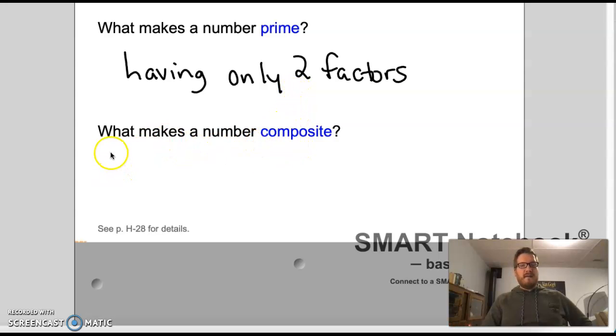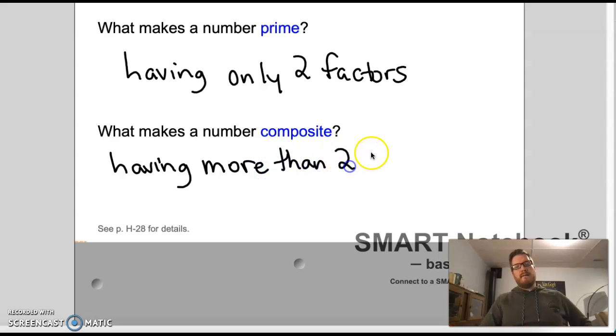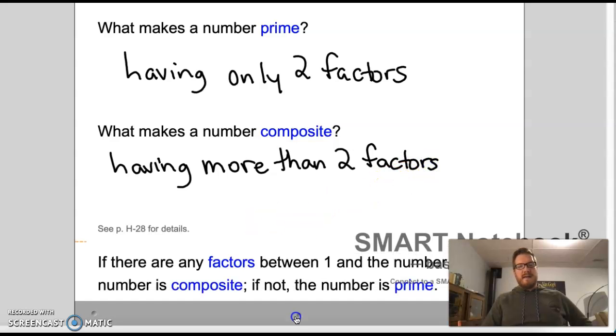Numbers that are composite have more than two factors. Those are really simple definitions. Now the number 1 is actually an interesting case, which I'll talk about in a second. It says that if there are any factors between 1 and the number, then the number is composite. If not, the number is prime.